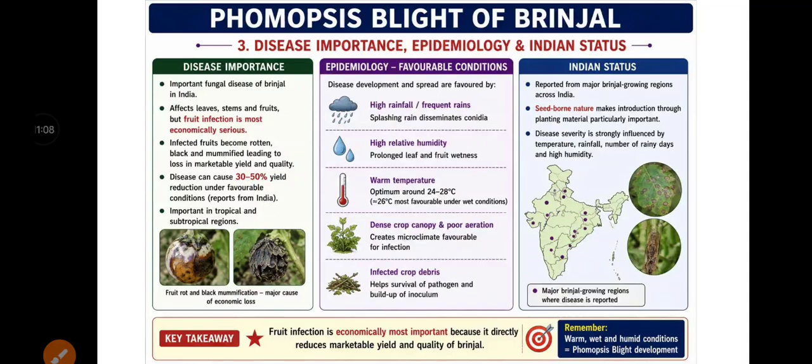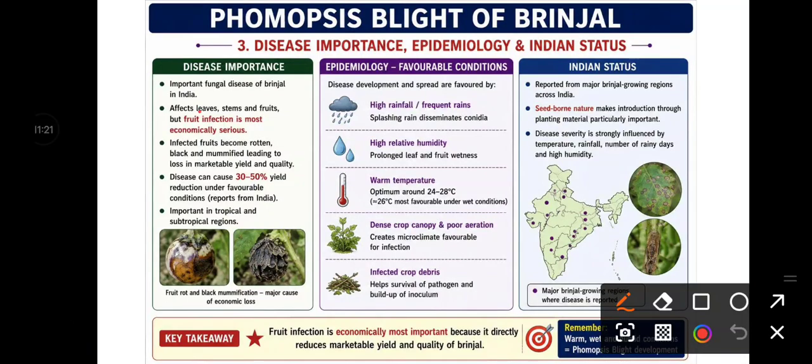Then the importance of the disease. This disease is very important. Why? Because it is affecting the economic crop. It affects leaves, stem and fruits, but fruit infection is most economically serious, because ultimately the reason the farmer grows this plant is to sell the fruit only. If the fruit becomes mummified and rotting is there, nobody will buy that fruit.